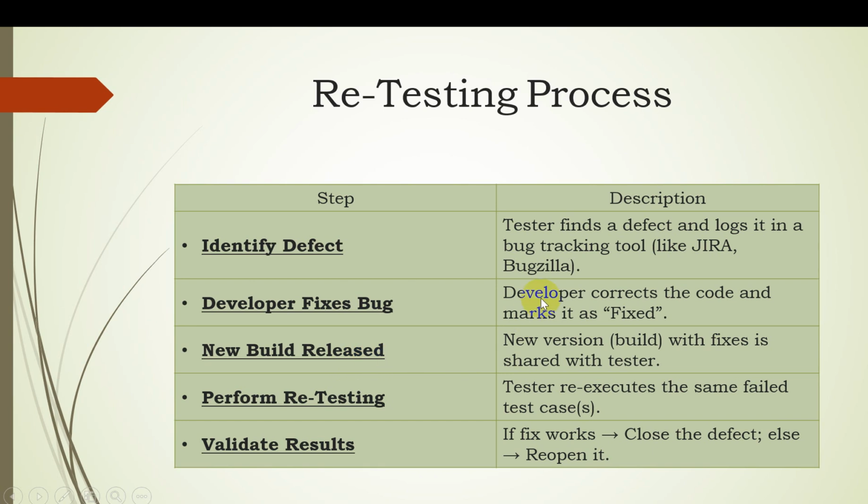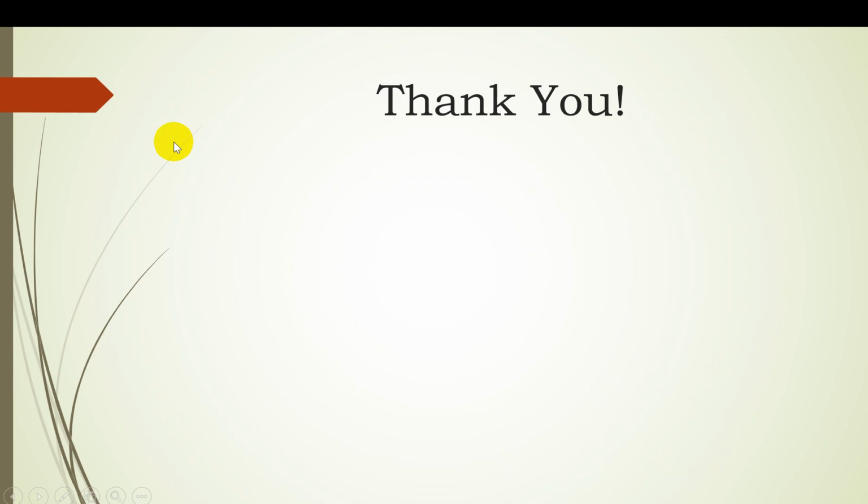When the developer gives the fixes, they will release the new version with the fixed issue and share it with the tester. At that time, the tester can perform the retesting. The tester re-executes the same failed test cases. And the last one is to validate the result. If it works, then we can mark the defect as closed, or else we can reopen the issue.